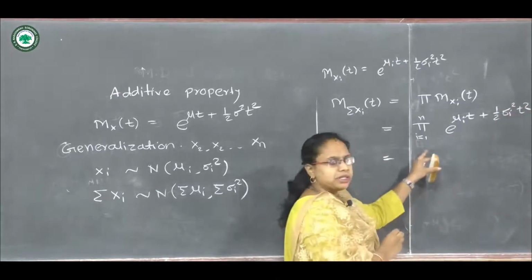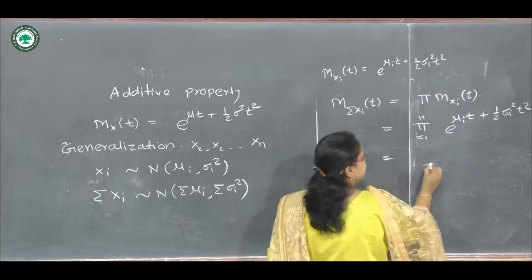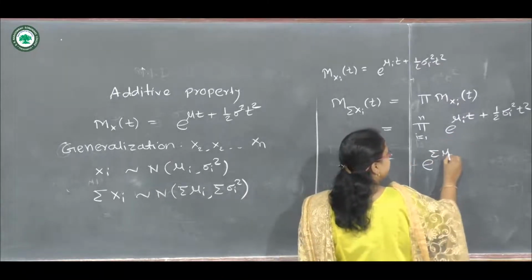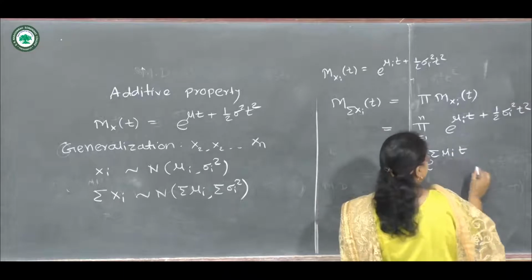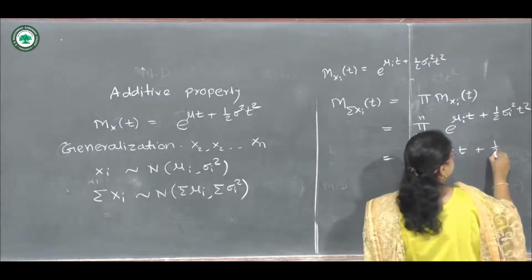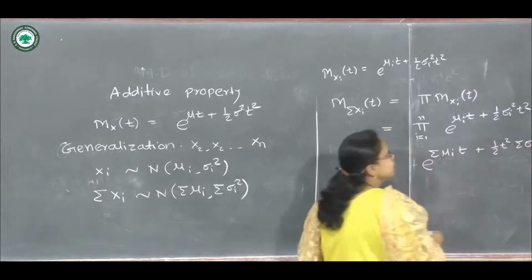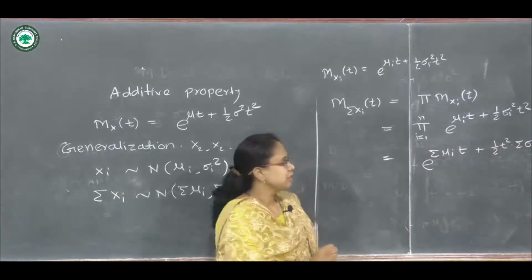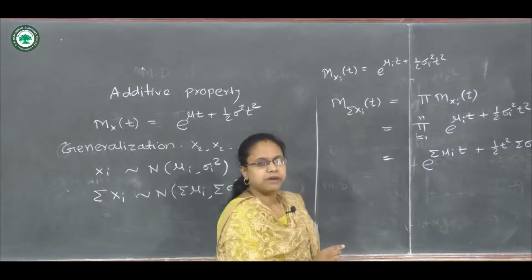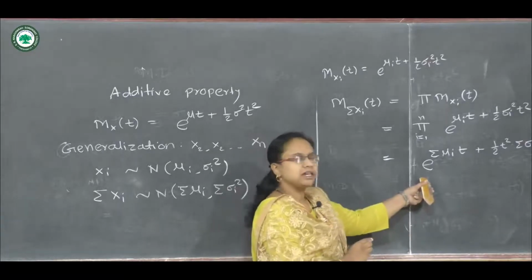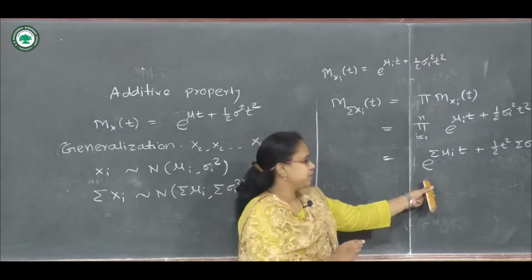Due to this product sign, we can write e raised to summation of mu i t plus half into t square into summation of sigma i square. So here, by using the uniqueness property of MGF, we can see that this is the MGF for normal distribution.